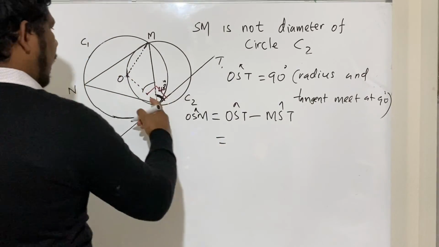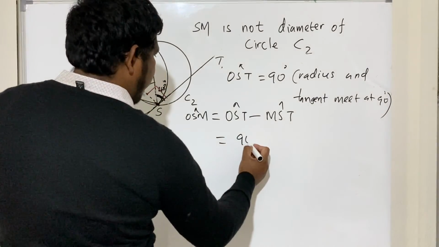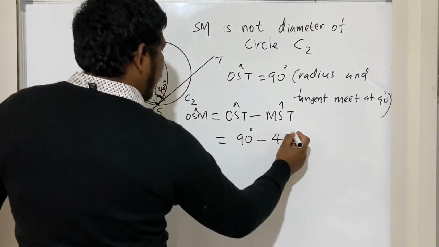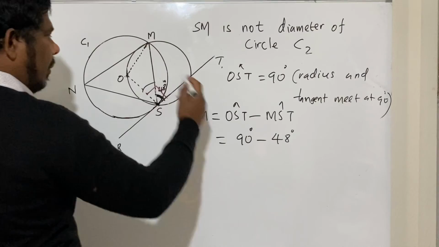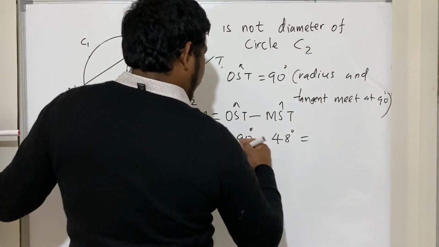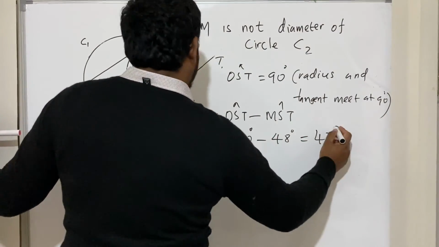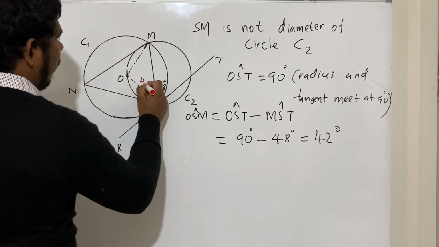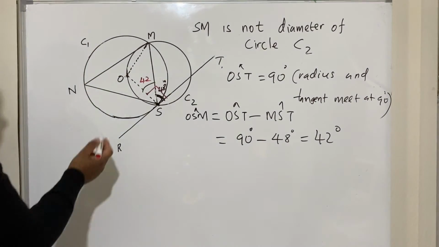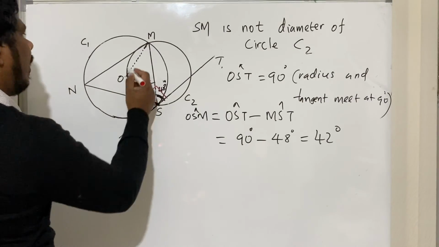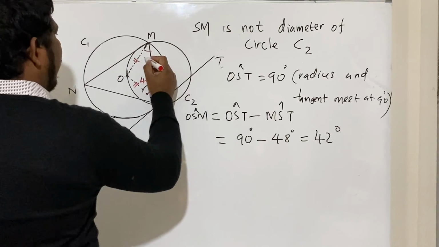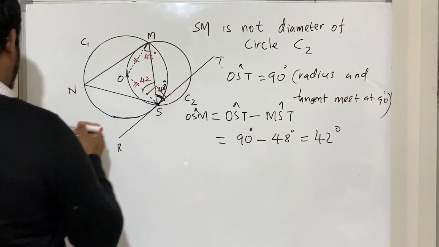So OST is 90 and MST is 48. So angle OSM is going to be 42. So this angle is 42. And OS is a radius and OM is also a radius.